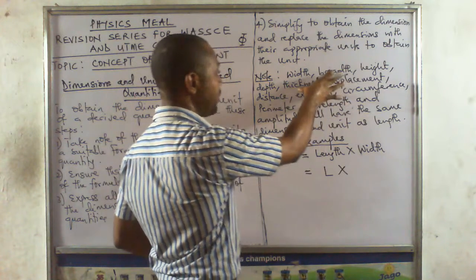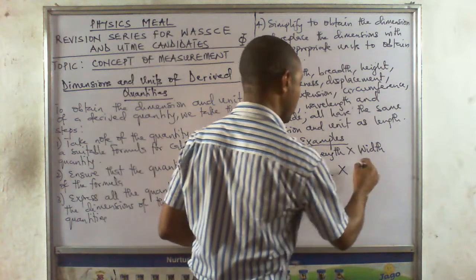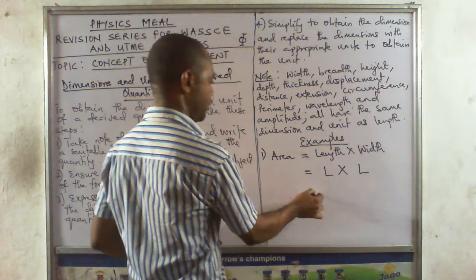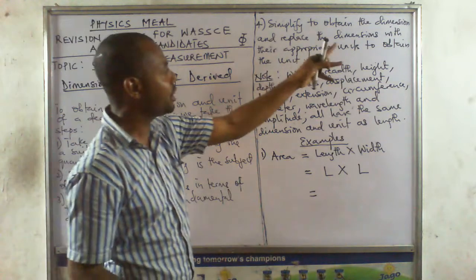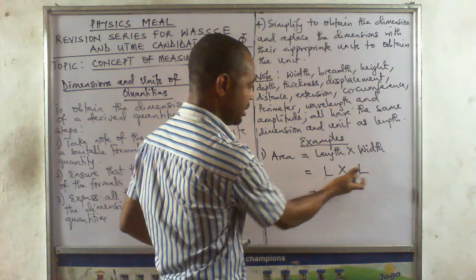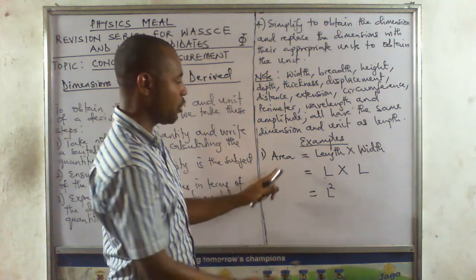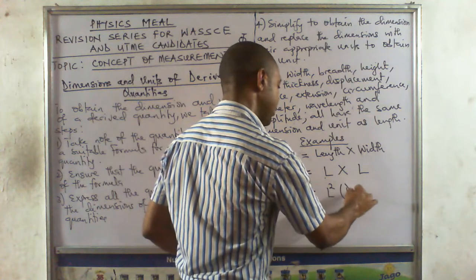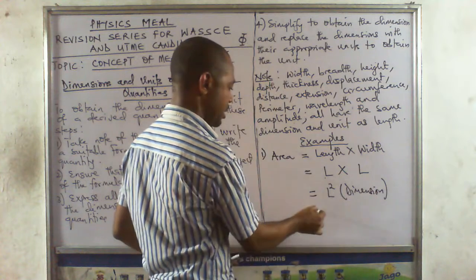We have also, by virtue of what we have written here, the dimension of width is also what? Length. So that's what we have done now. They say simplify to obtain the dimension. Let's simplify this. Length times length will give us length squared. Now this is the dimension of area.